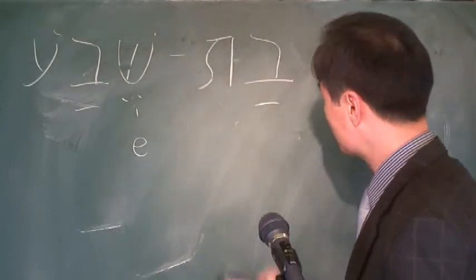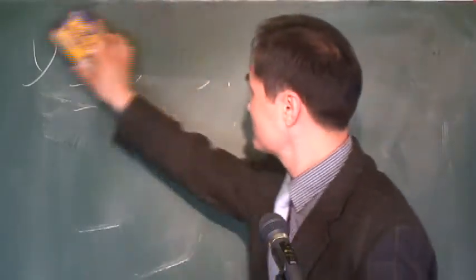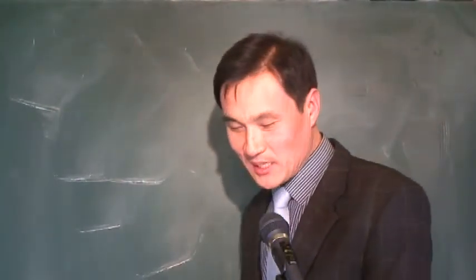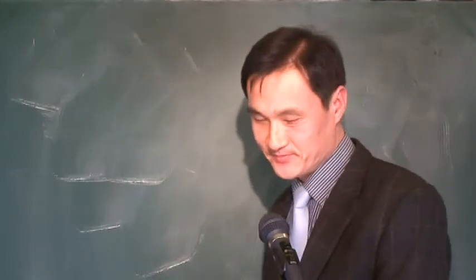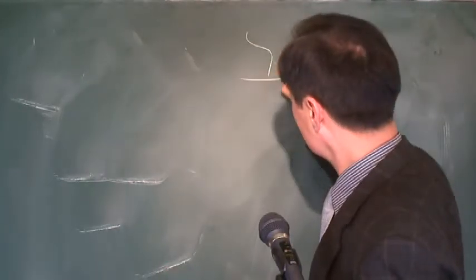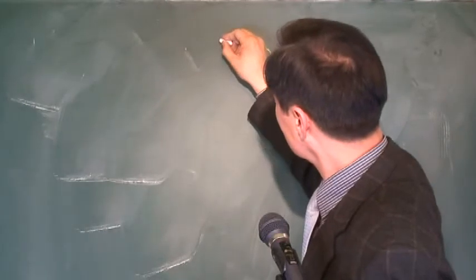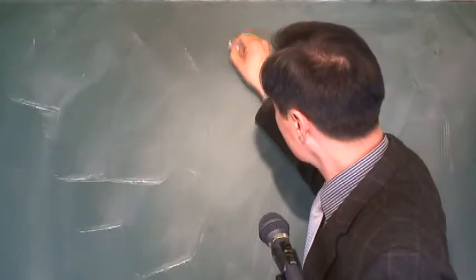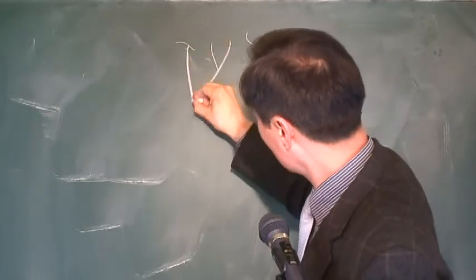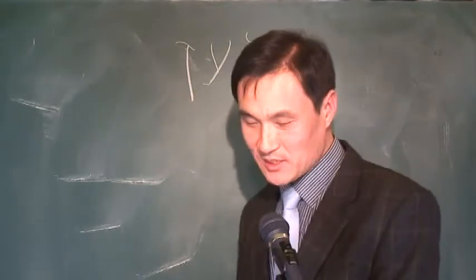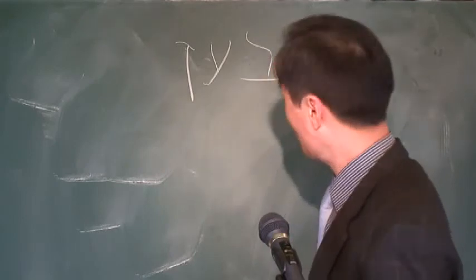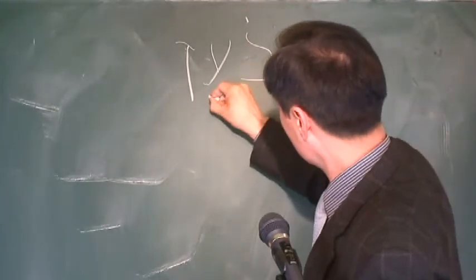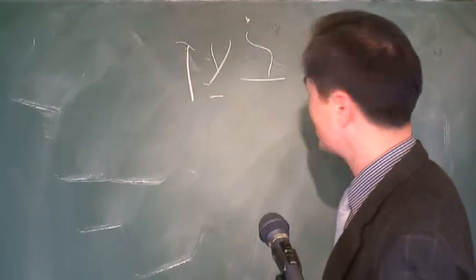Next, let's look at a word with holem. Holem. Let's look at Boaz, who is in the book of Ruth. Let's add vowels to the consonants in Boaz.